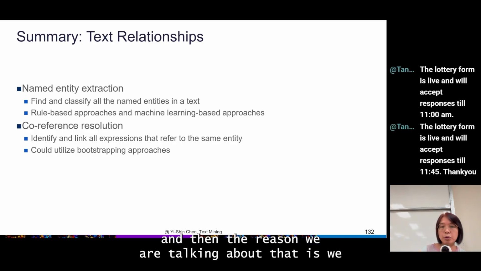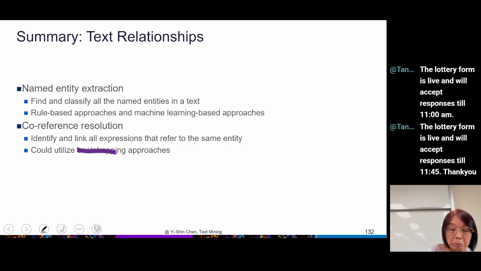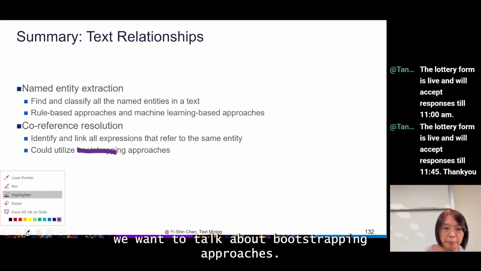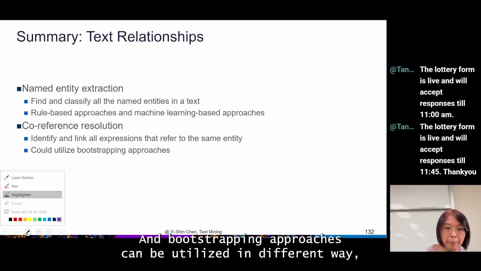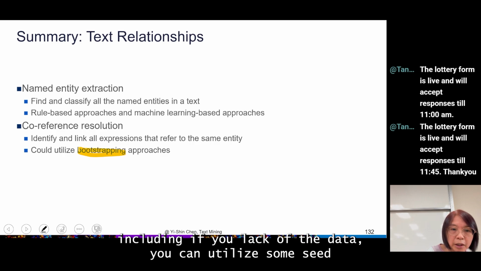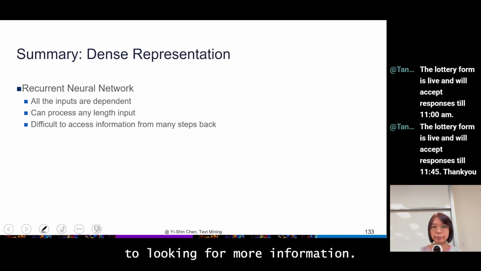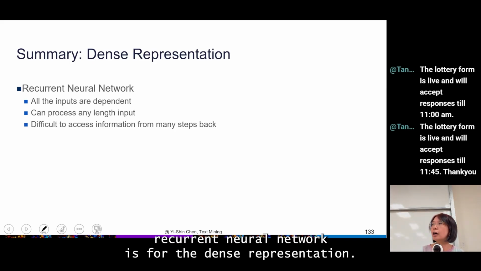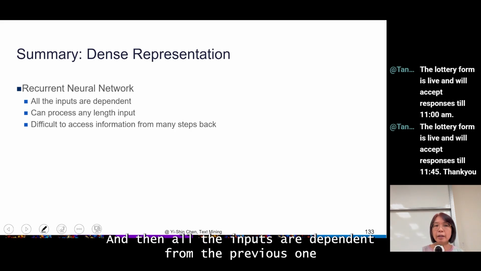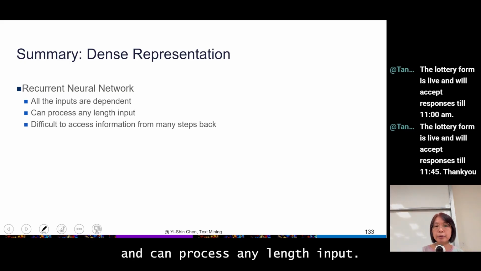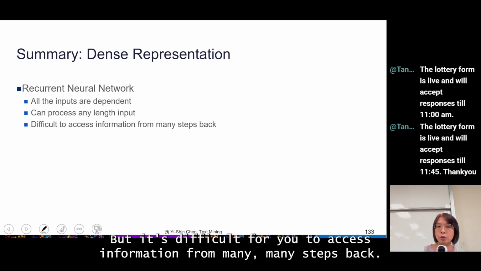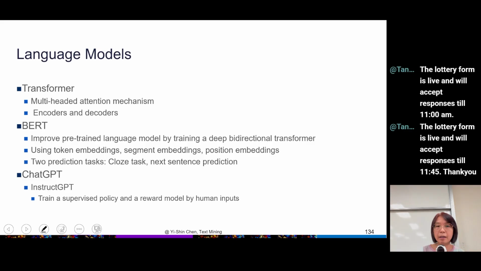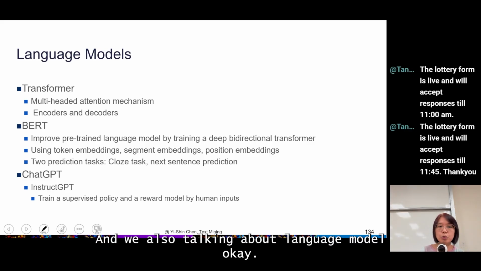And the reason we talked about that is that we want to talk about bootstrapping approaches. Bootstrapping approaches can be utilized in different ways, including if you lack data, you can utilize some seeds to look for more information. And then we also covered recurrent neural networks for dense representation, where all the inputs depend on the previous one and can process any length input, but it's difficult to access information from many steps back.